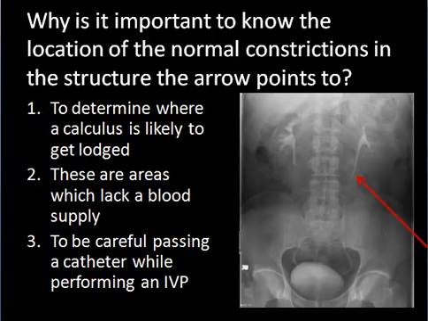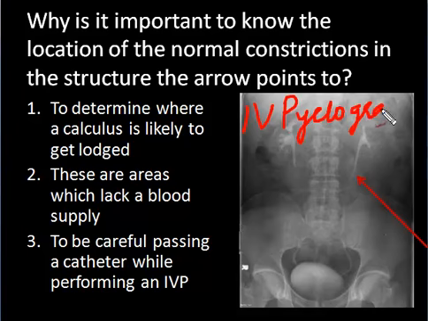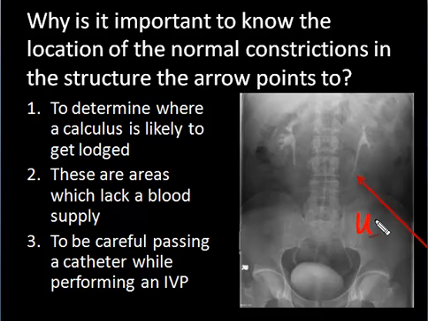Which asks, why is it important to know the location of normal constrictions in the structure the arrow points to? So this is a special X-ray which is known as an intravenous pyelogram, often also called intravenous urogram, because it outlines the urinary tract, and the arrow is pointing to the ureter.